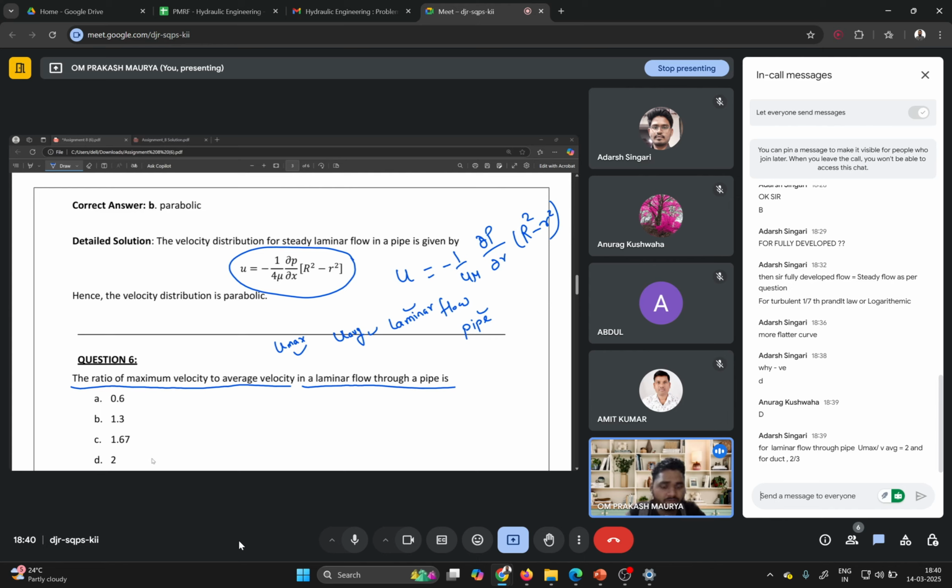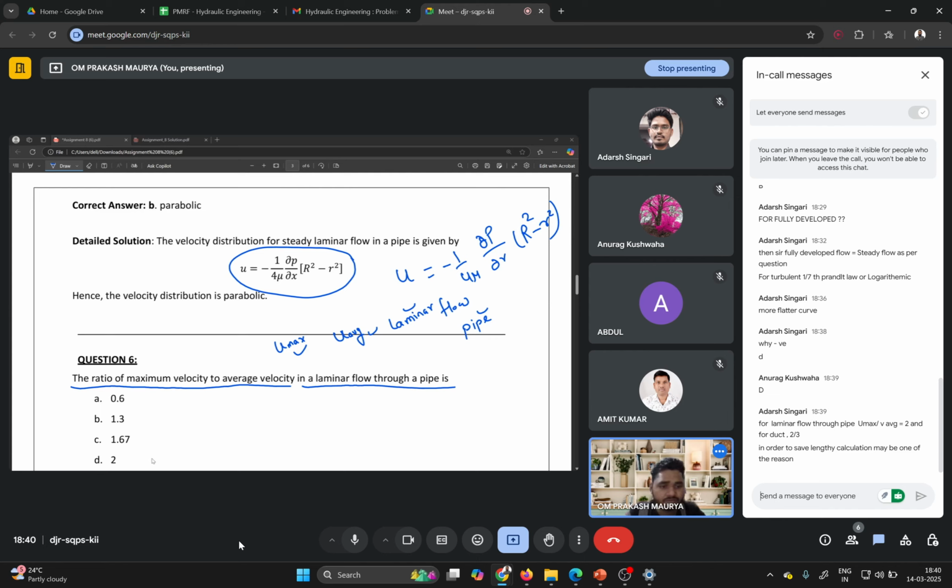Okay, does anyone want to tell the answer of this question? Yes, this is one of the reasons, but I'll show you another reason also. Other students, please also try to give your answer for question number 6. Very easy question. Very frequently this question is asked in competitive exams also.